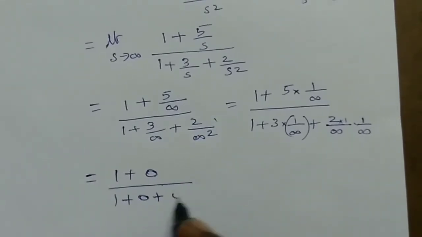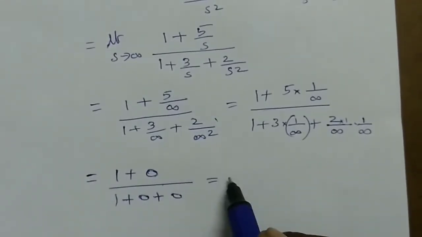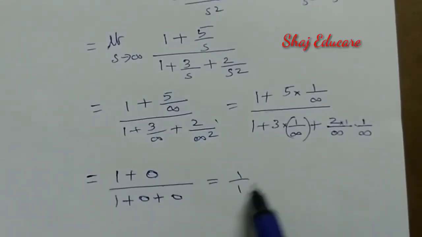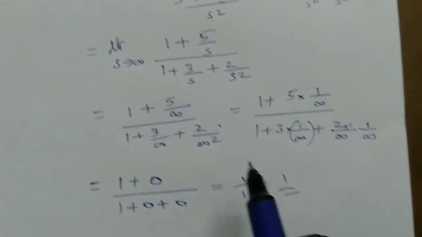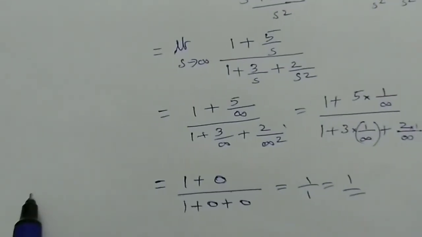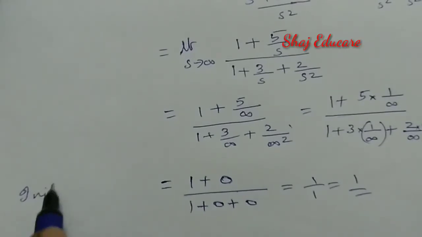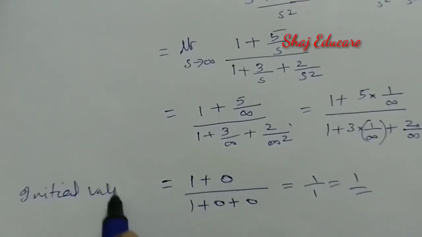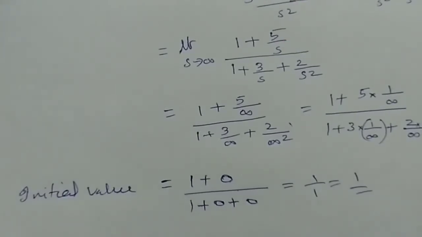So that is equal to 0. Then 1 by 1 is equal to 1. That is the initial value. Therefore, we can write the initial value is equal to 1.